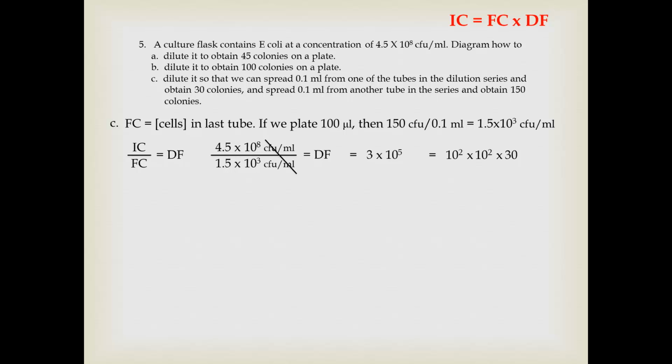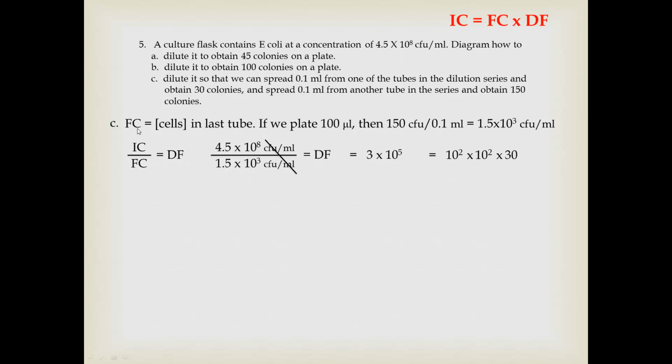If it will give us 30 colonies from 0.1 mils, what's the concentration in that tube? 30 colony forming units per 0.1 mils means it must be 300 colony forming units per mil.